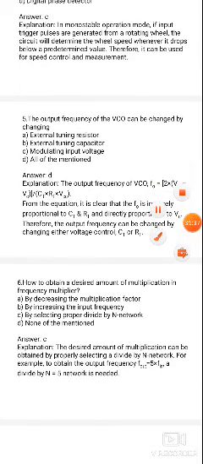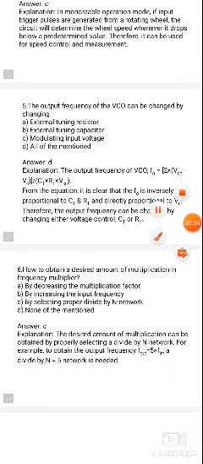The output frequency of the VCO, F0, is equal to 2 times (VCC minus VC) divided by RT, CT, VCC.